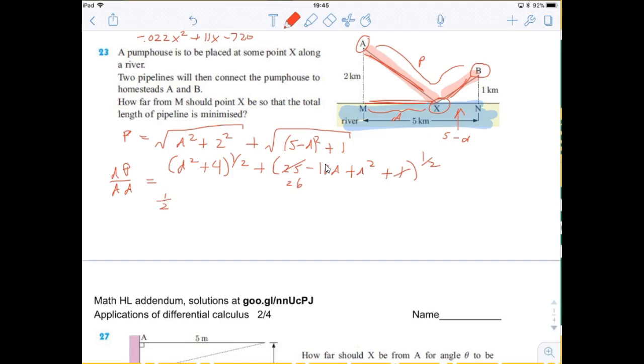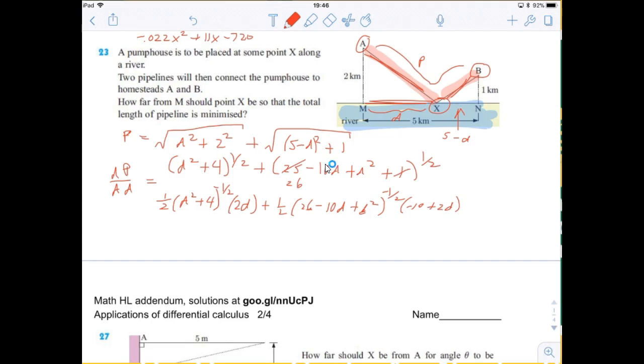We're going to have to do chain rule, right? So 1/2 D squared plus 4 to the negative 1/2 times chain rule 2D plus 1/2 times 26 minus 10D plus D squared to the negative 1/2 times chain rule negative 10 plus 2D.